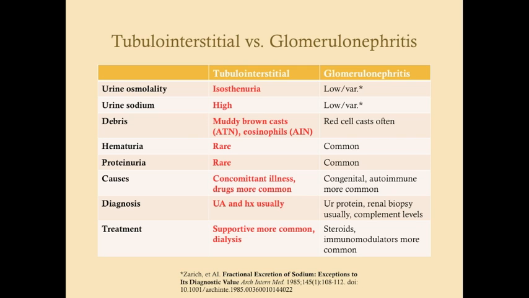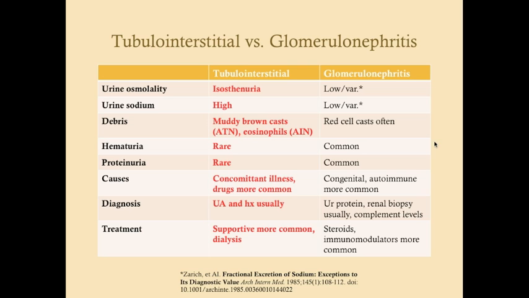The urine sodium, therefore, is going to be high because we're not reabsorbing sodium. It goes out in the urine. Big thing to remember, though, is the debris. So the debris is muddy brown casts in the case of acute tubular necrosis, eosinophils in acute interstitial nephritis. It's pretty rare to see hematuria and proteinuria in the tubulointerstitial diseases. Usually that comes with the glomerulonephritis.